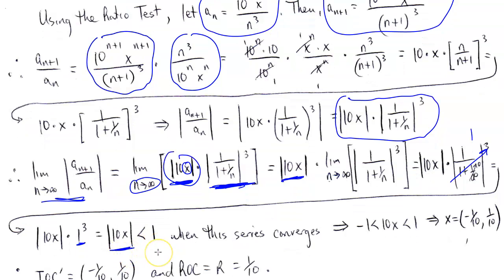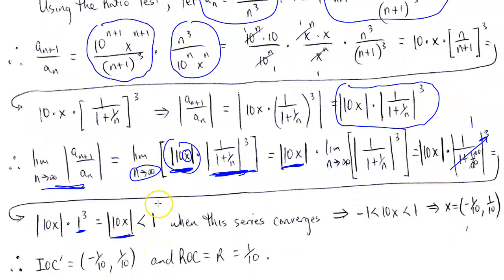So we see here that we know this series is going to converge. If I was to rewrite this, this would basically be 10 times absolute value of x is less than 1.